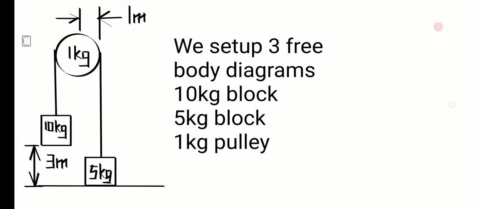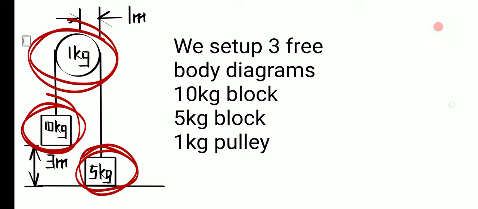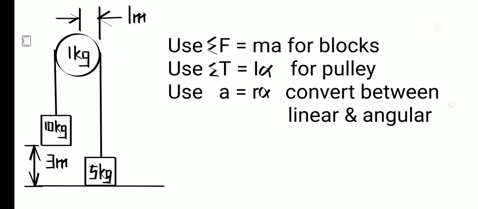We're going to set up 3 free body diagrams: one of the 10-kilogram block, another of the 5-kilogram block, and then a third one with the pulley. We're going to use Newton's second law for the blocks. That's F equals ma, or sum of the forces equals mass times acceleration.